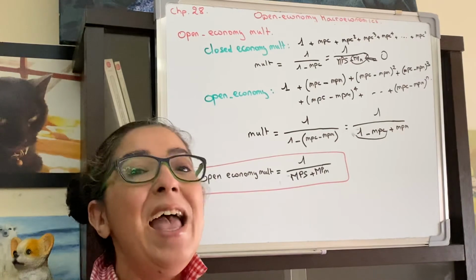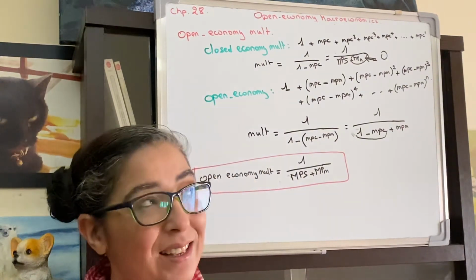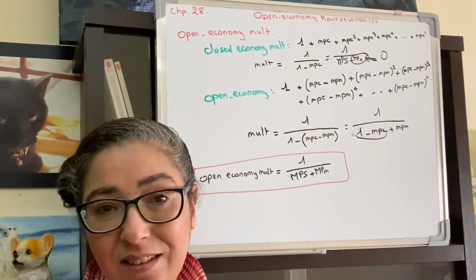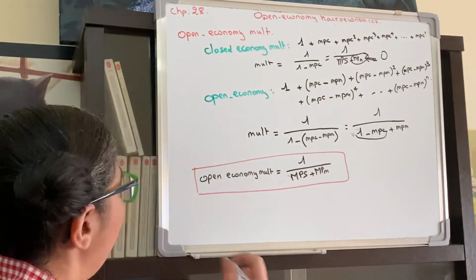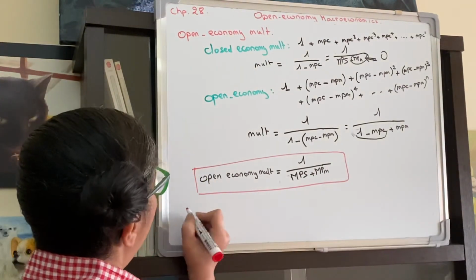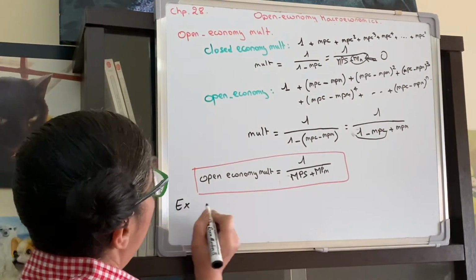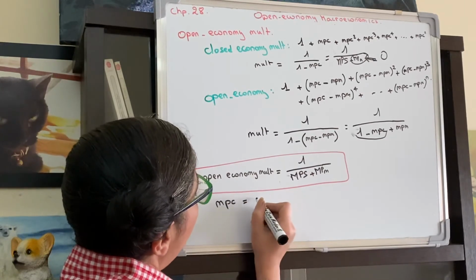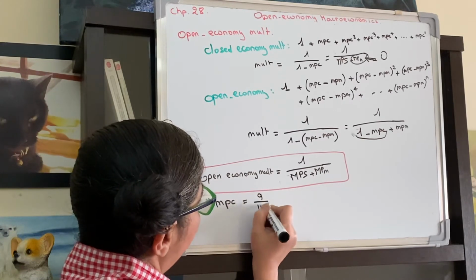So now I gave you the example of 0.9 as MPC and 10% as MPM. So let's do it. I have MPC, that's just an example. MPC is equal to 0.9, that would be 9 over 10. Okay?